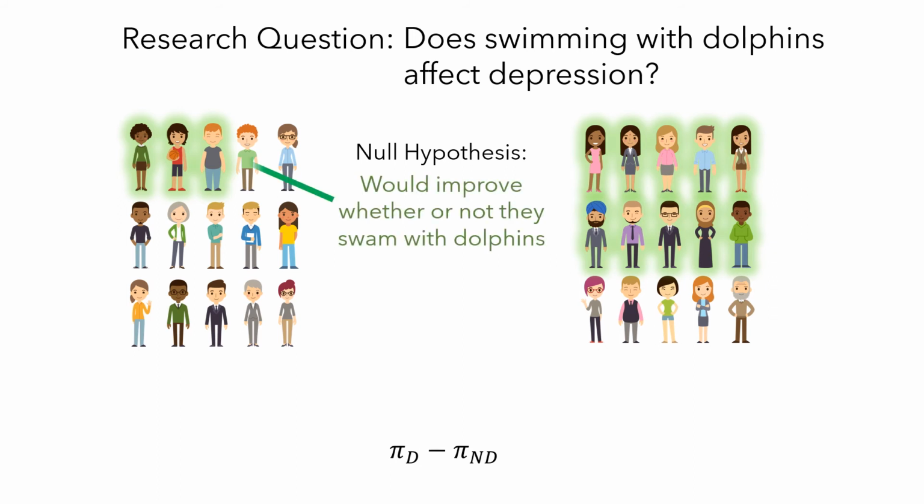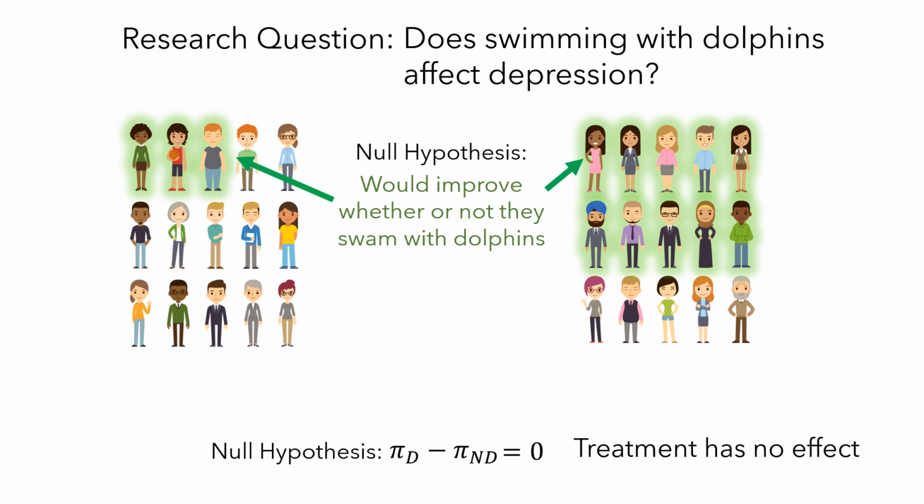That is, these participants would improve whether or not they swam with dolphins. Another way to write this is that the difference in percentages is equal to 0, saying that the treatment has no effect. As in the previous example, you would model this by combining the sample data from the two groups of participants.